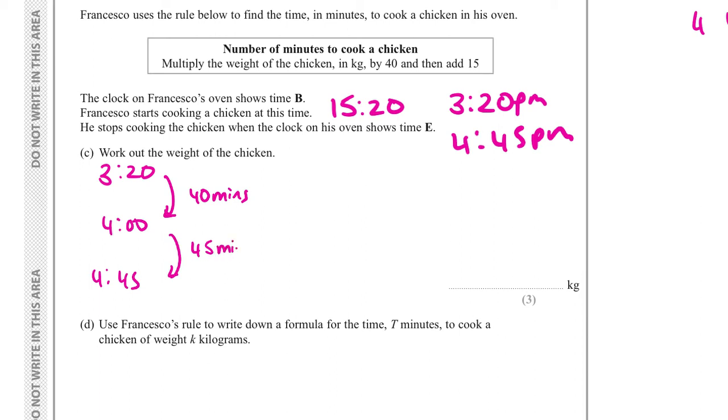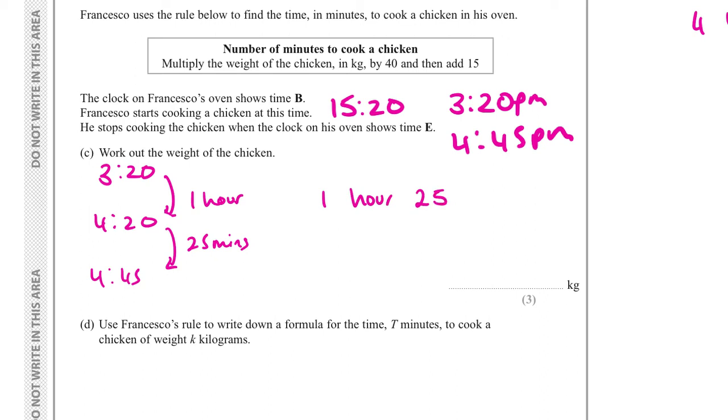You might do it a slightly different way, which is also okay: 3:20 to 4:20 is 1 hour. And then you know that 4:20 to 4:45 is 25 minutes. So we know the total time for this chicken is 1 hour, 25 minutes, or 85 minutes. Okay, because 1 hour is 60 minutes, and 60 plus 25 is 85.